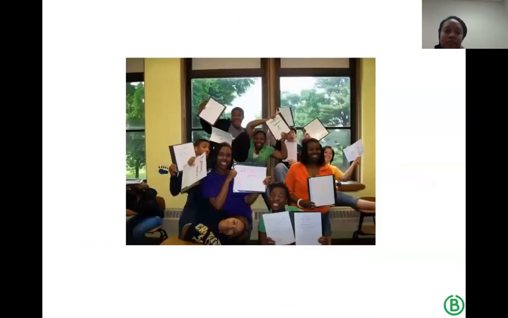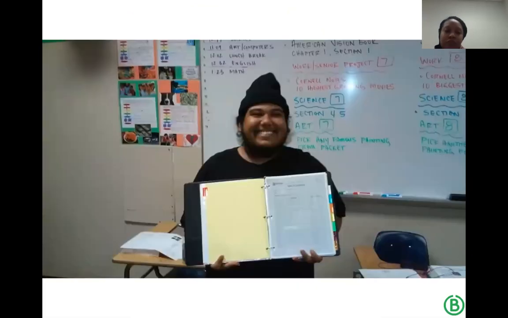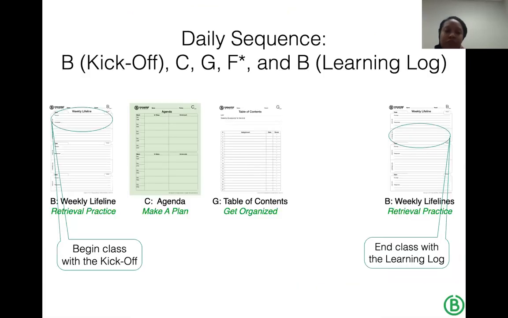Again, they get to take it with them, and there's a sense of pride in what they've created, and they can start to see themselves as a scholar, maybe for the first time, maybe if they've struggled historically. And again, they could be struggling with the content of that course, but they still have this evidence of their learning and effort and the data of that they can reflect back on.